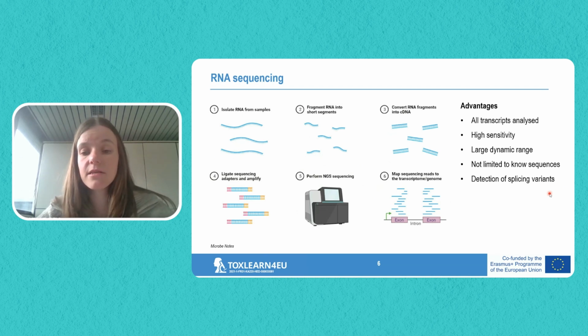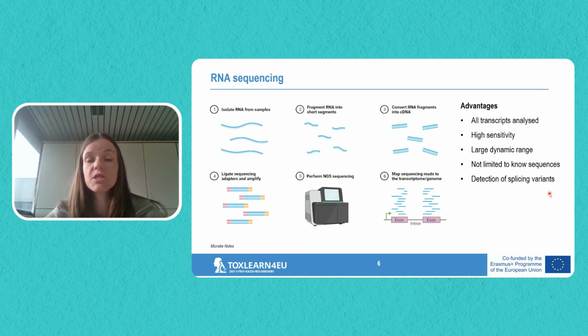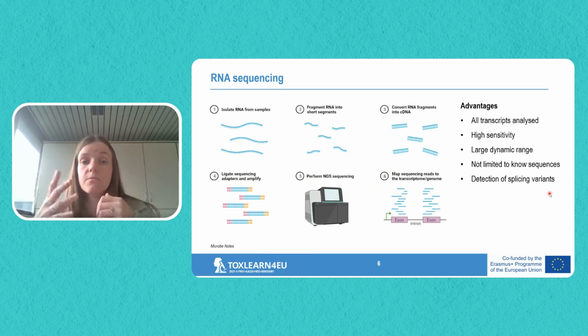And this, of course, means that when, for example, the transcriptome of your organism of interest is not fully known yet, you could still go back to the information that you obtained from RNA sequencing later on when, for example, the function of new genes has been discovered.